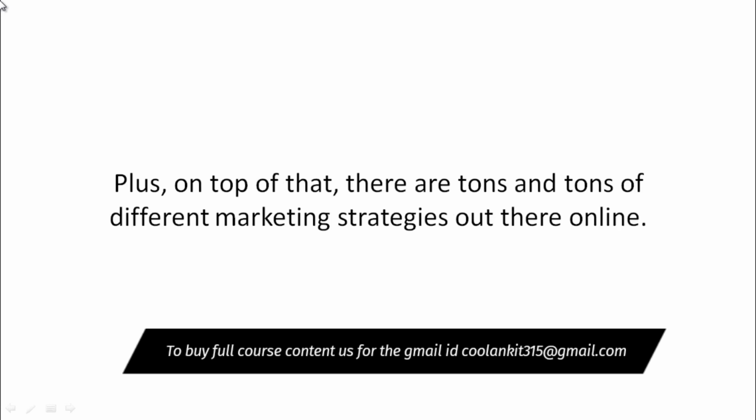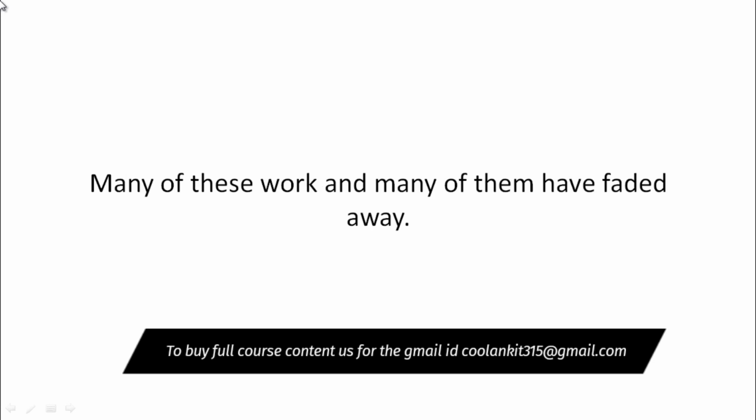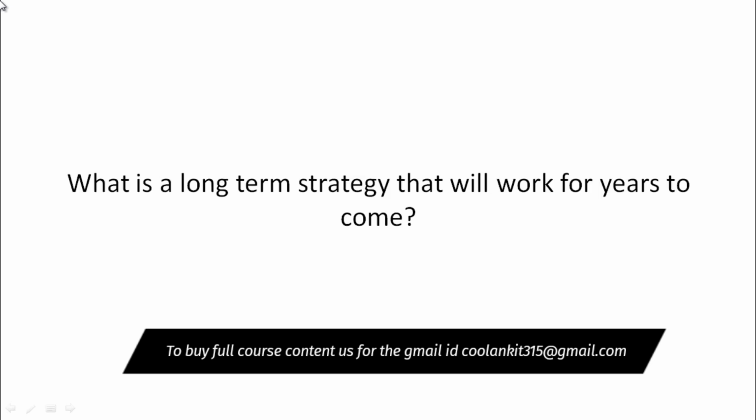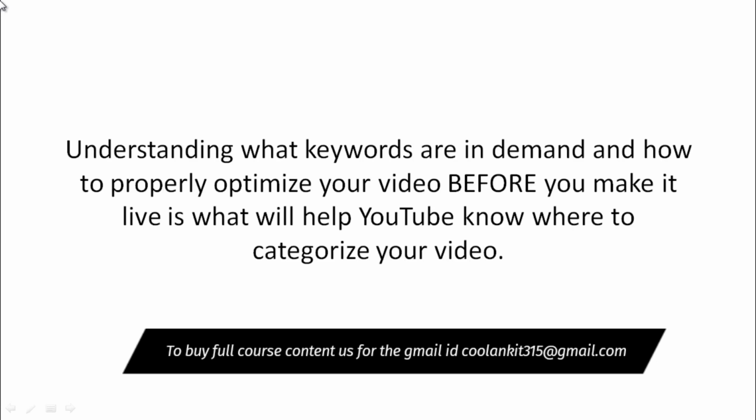Plus, on top of that, there are tons and tons of different marketing strategies out there. Many of these work and many of these have faded away. So what works and what doesn't? What is a long-term strategy that is going to work for years to come? It's simple. Understanding what keywords are in demand and how to properly optimize your video before you make it live is what is going to help YouTube know where exactly to categorize your video.